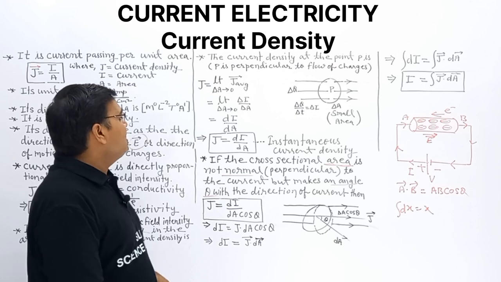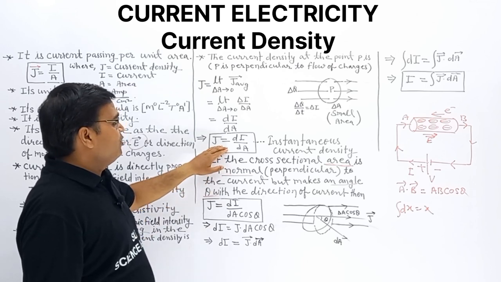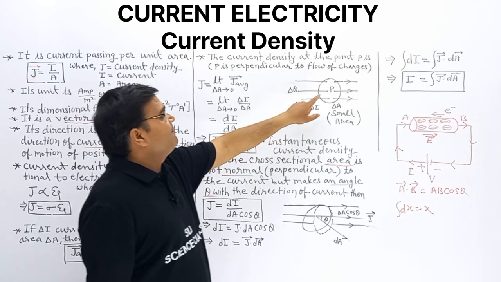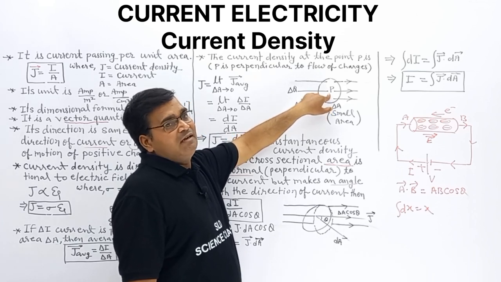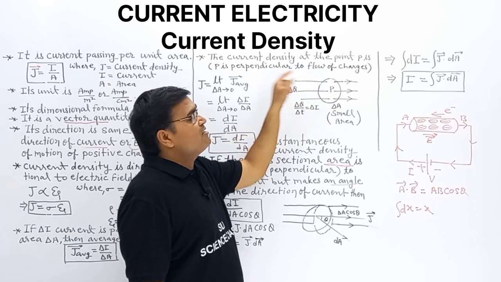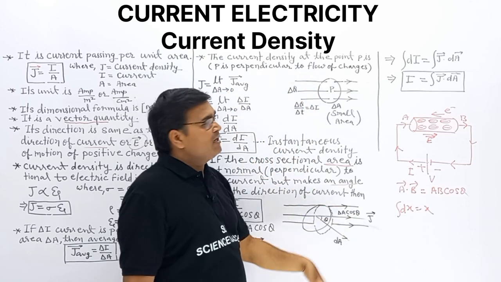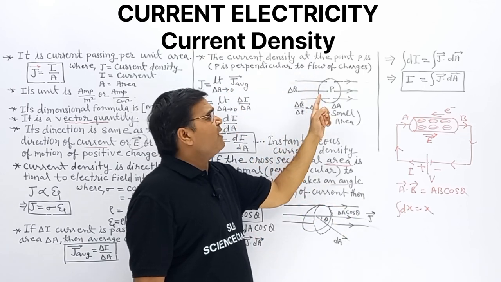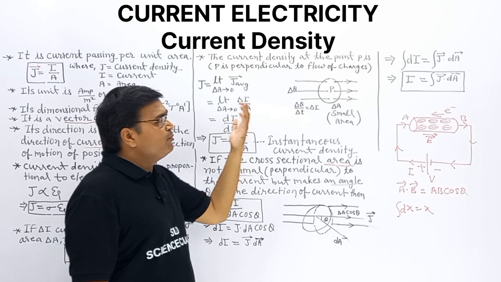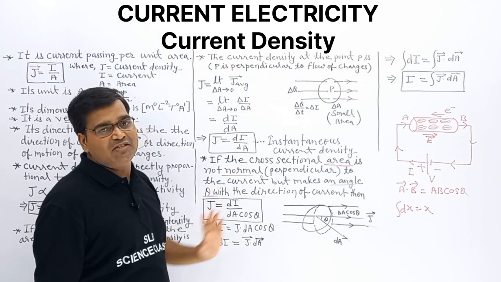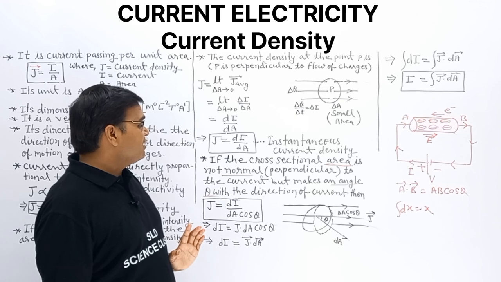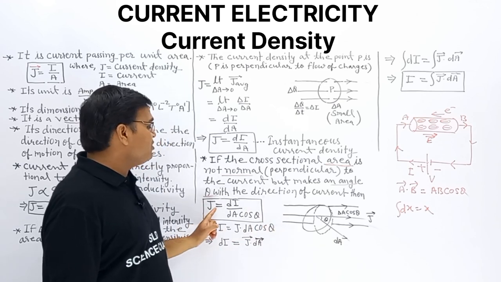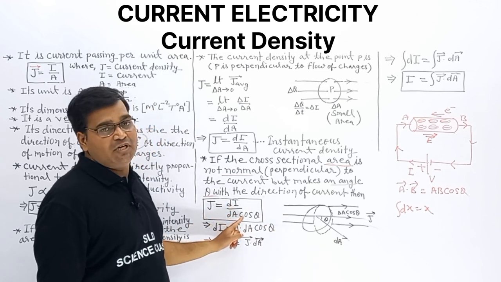Clear? Now when this area is perpendicular to the current, or the current flowing is perpendicular to this area, it is the simple case. But once we move it by theta degree like this, then what do we get? Current density will be current upon dA cos theta.